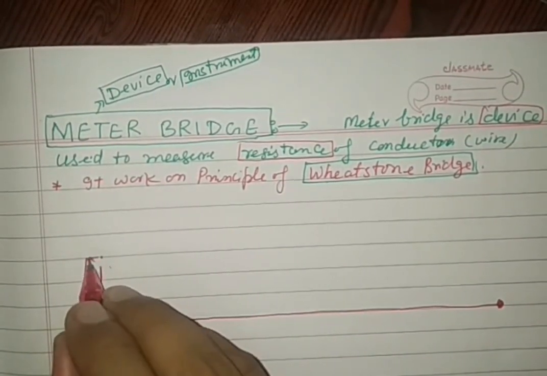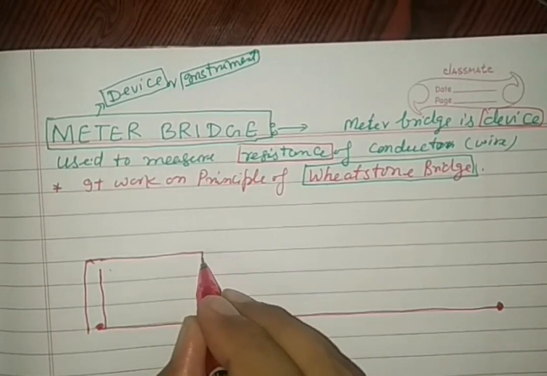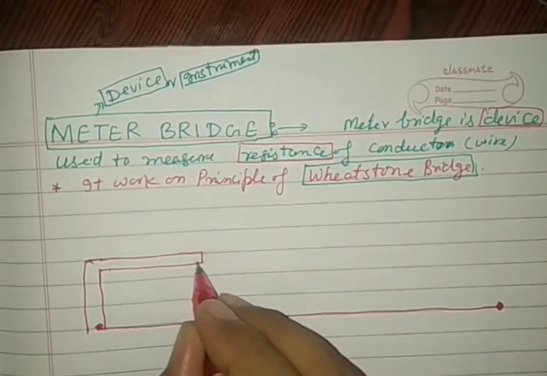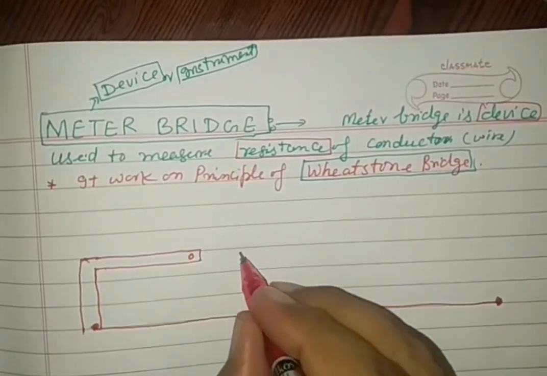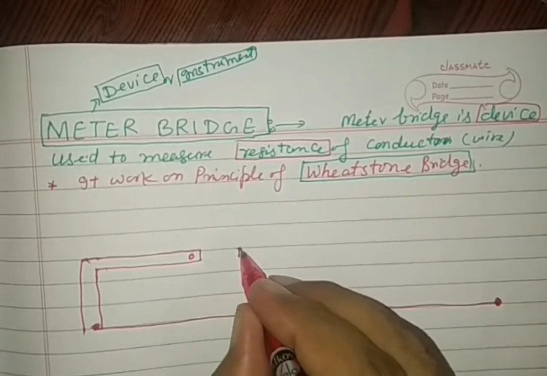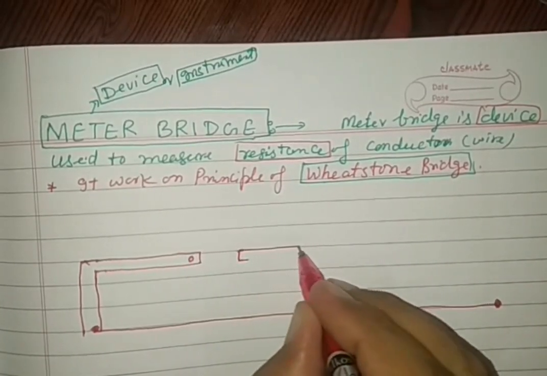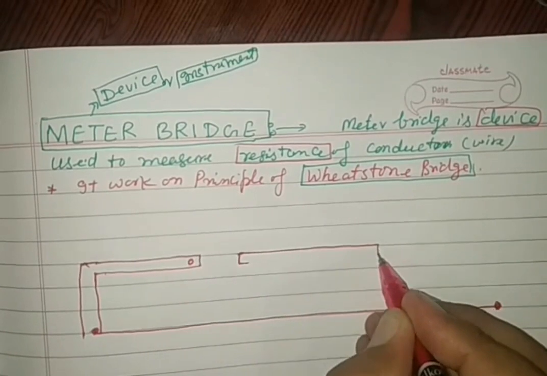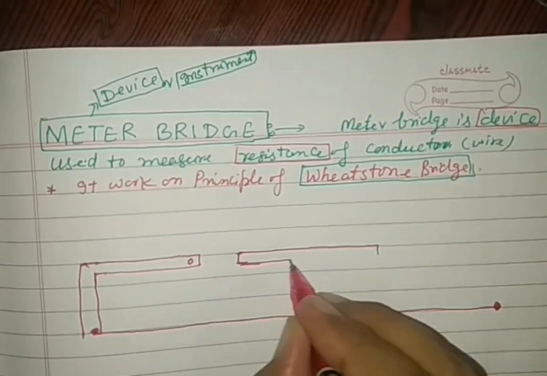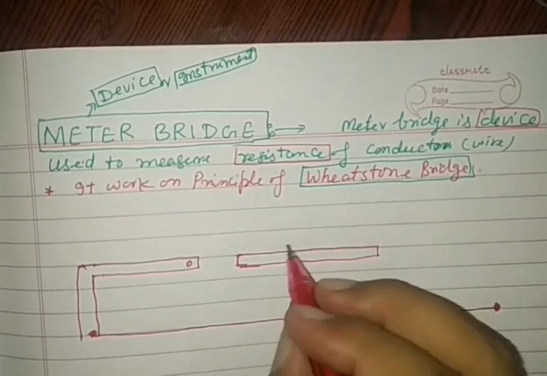In this copper strip there is one terminal provided here. Thereafter, here is an opening. Between this opening, one copper strip is also fixed on the wooden frame.